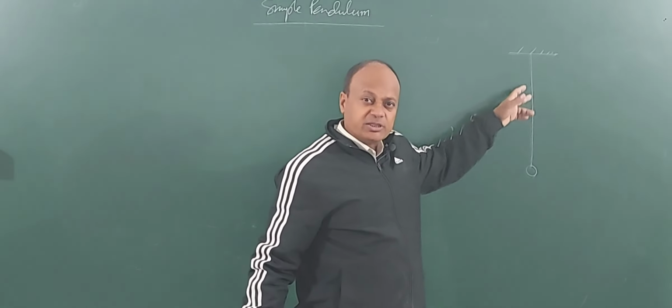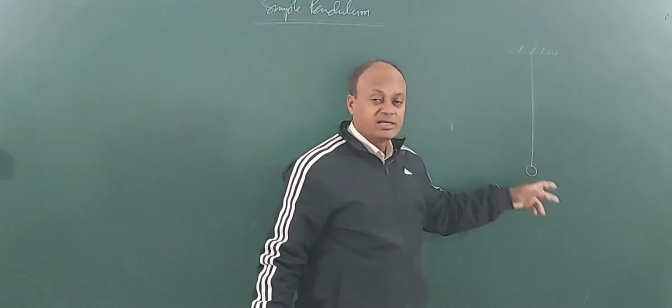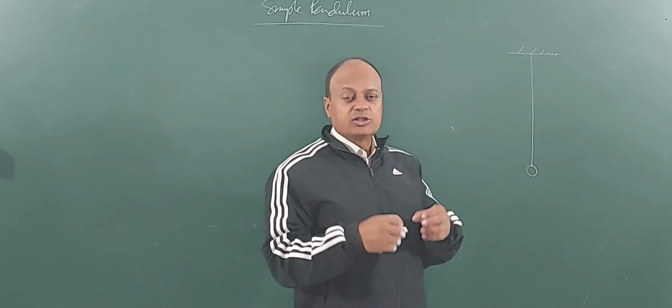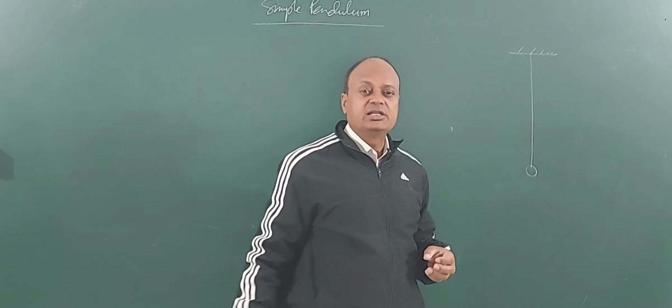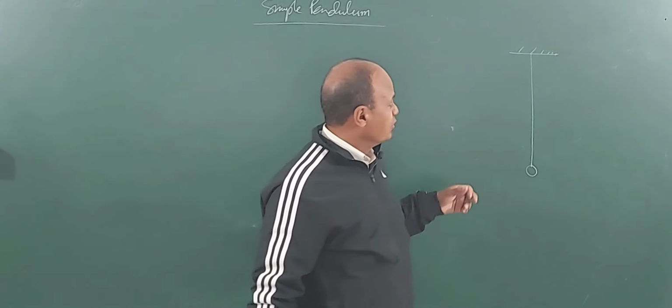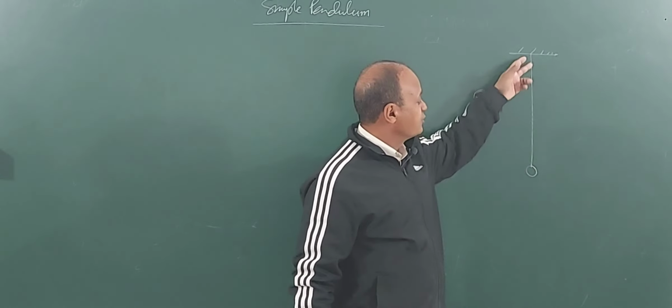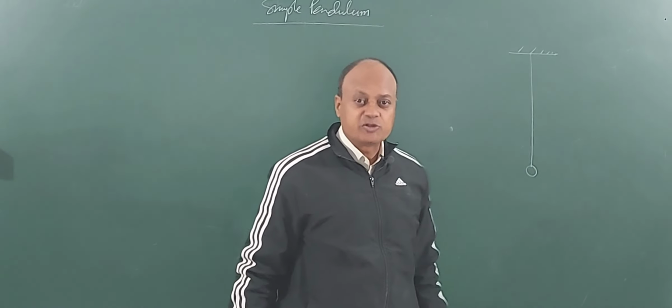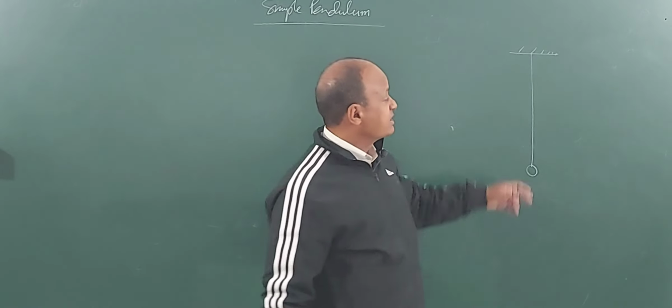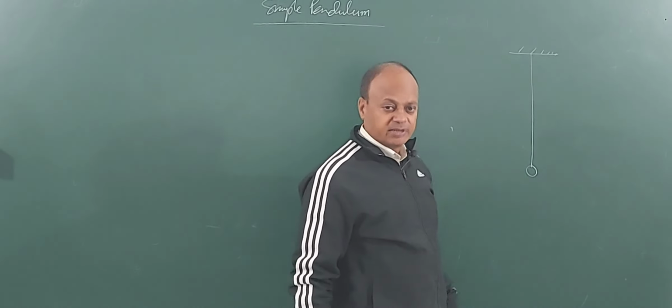As of now, we'll be assuming the string has no mass. It's a massless string, and also it is not extensible, means it is inextensible. So a simple pendulum consists of a point mass like a sphere attached to a massless inextensible string, right, which is suspended from a convenient point, right.